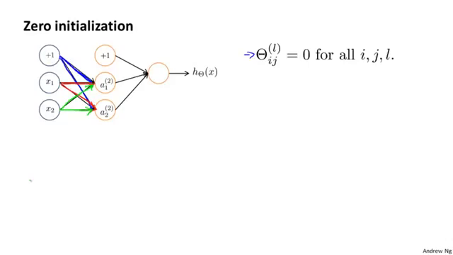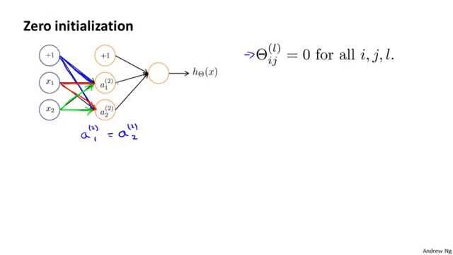And what that means is that both of your hidden units, A1 and A2, are going to be computing the same function of your inputs, and thus for every one of your training examples, you end up with A1(2) equals A2(2).